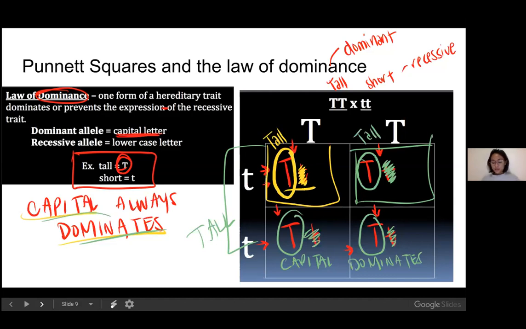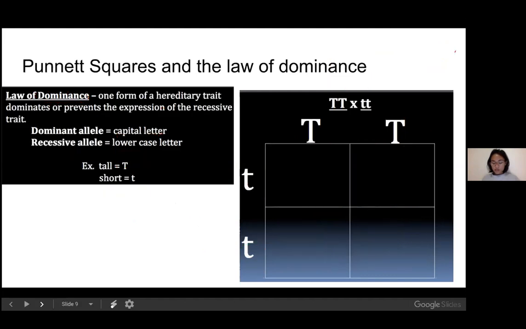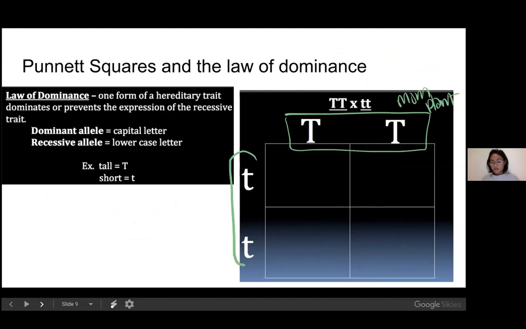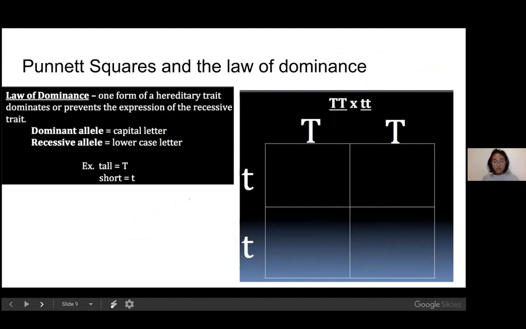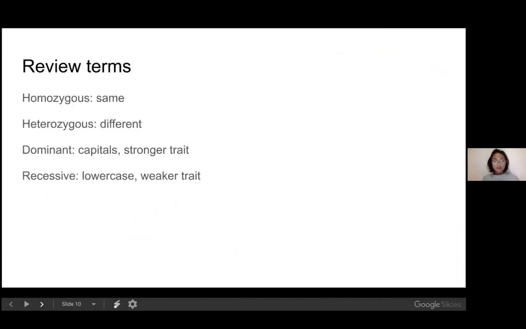But basically, if I know what my parents are, so here's the mom plant, and here's the dad plant, what this Punnett square tells me with Mendelian genetics is I can predict what my kids are going to look like. So let's go ahead and do some more practices with that.